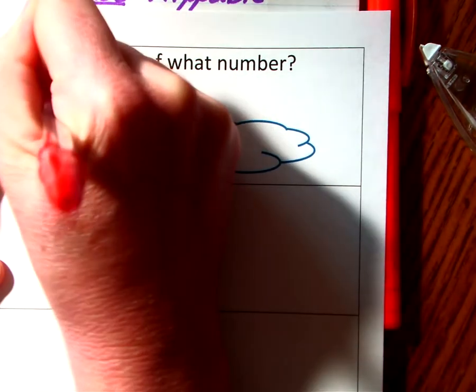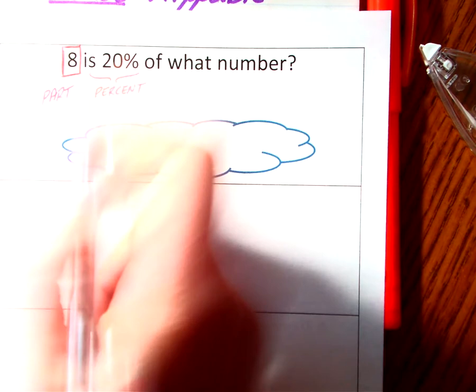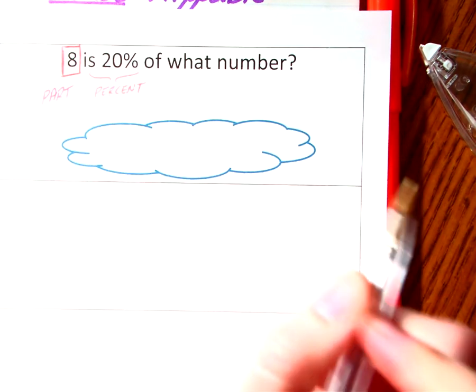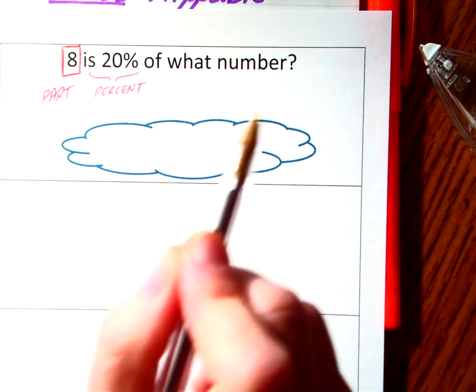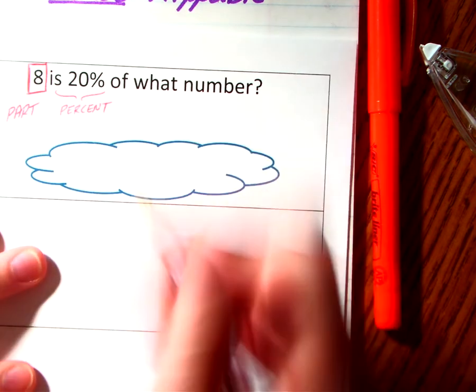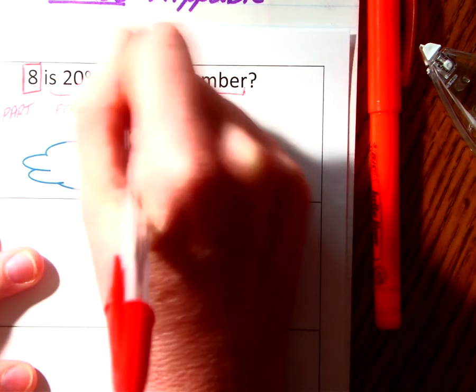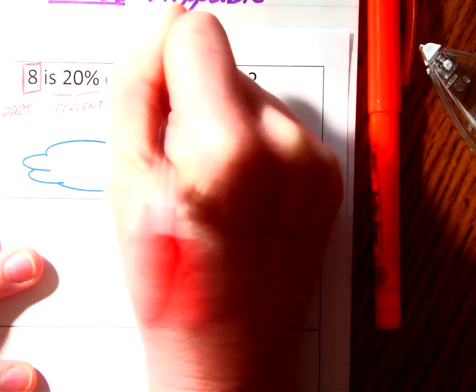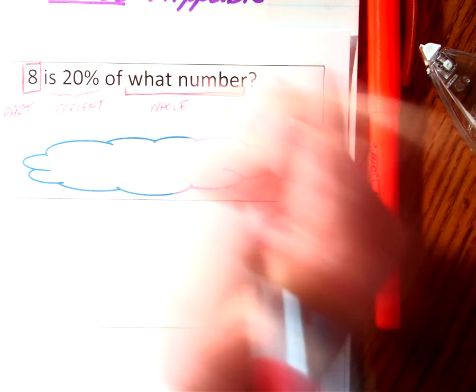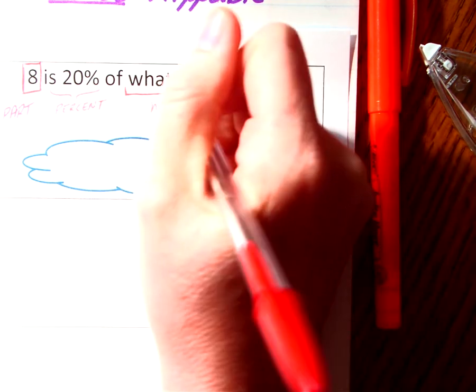Okay, 8 is your part, because it says you only have 20%, and that is less than 100. Of what number? The what number, this guy, represents the whole, like how many crackers were in the box before you started divvying it up. So you're looking for the whole.